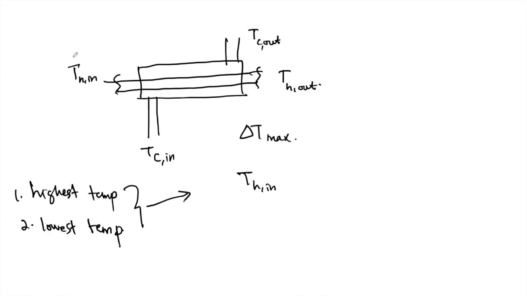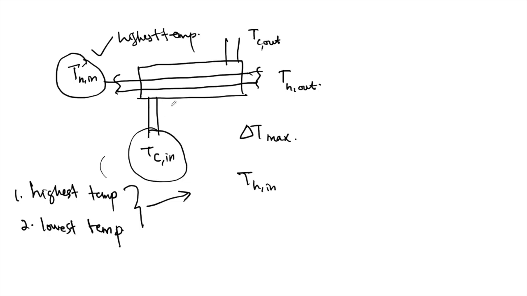So you have to look at TH in, TC out, TH out, and TC in. From these four temperatures, which one is the highest? Of course, TH in. Next, we look at the lowest temperature. Is it TC out or TH out? No, it is TC in. So the lowest temperature in this system is TC in, and we subtract TC in.